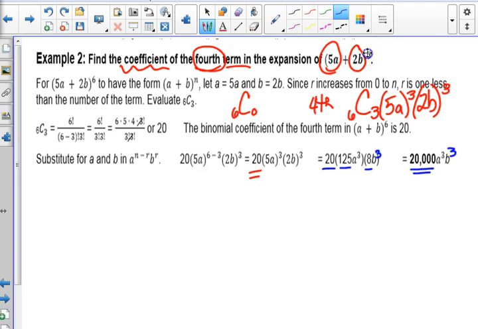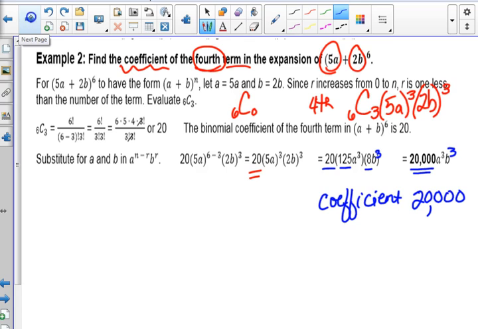Obviously, it was a mistake because when we're done, we should end up with a total of 6 on the exponents. Okay? I don't know how I missed that when I typed it. The actual answer said just find the coefficient. So the coefficient was just 20,000.